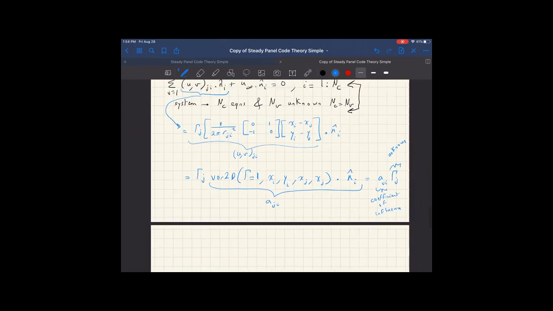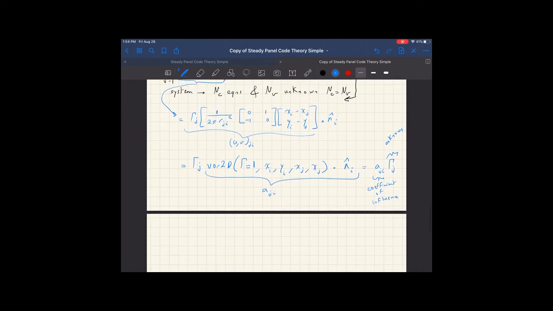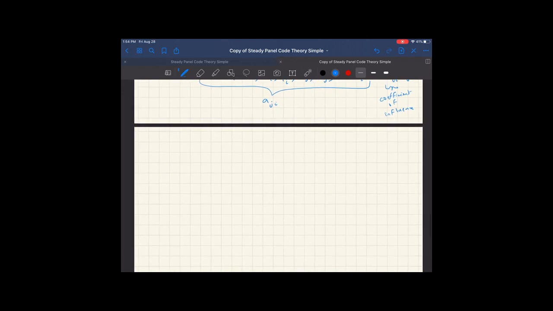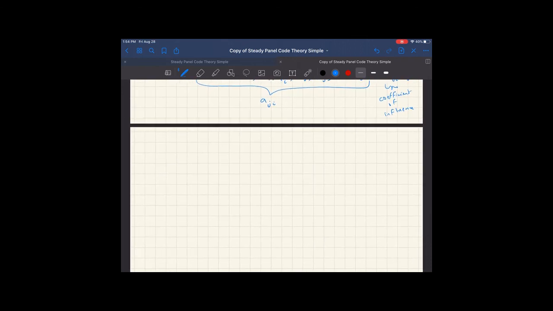So just to give you a less abstract idea of what the system of equations looks like now, given the manipulations we've done, the system of equations from collocation point 1 through NC is as follows.